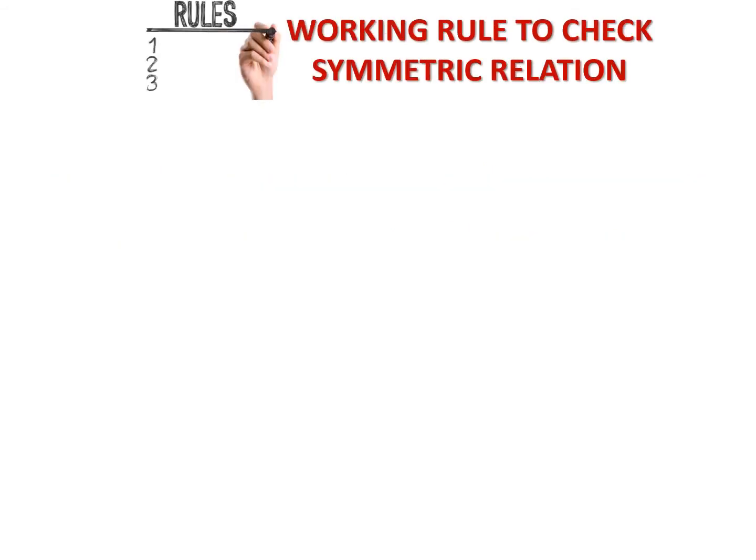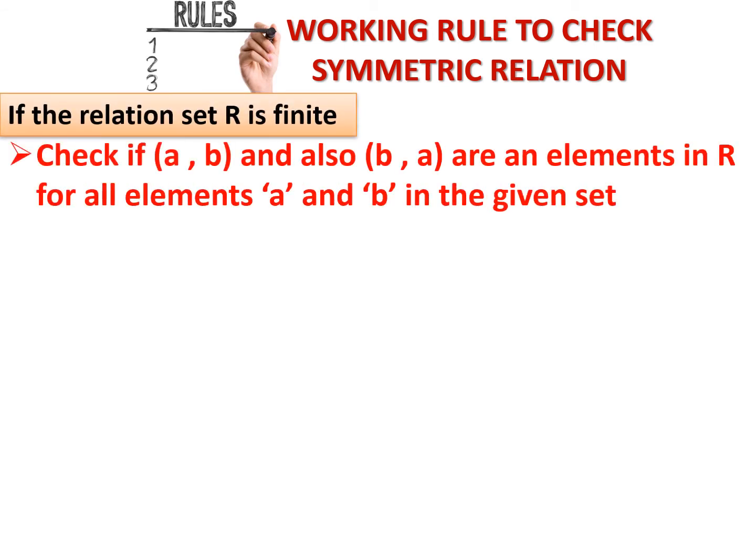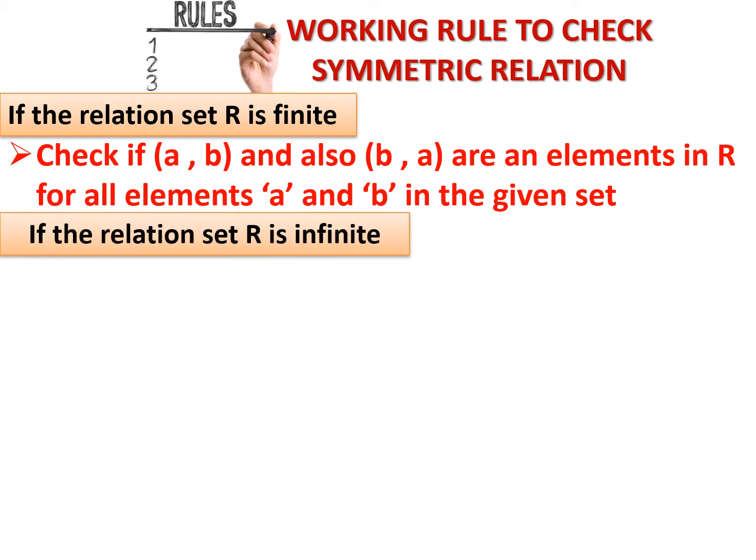Well, the working rule. Let us see the working rule. As usual, let us see for a finite set what you have to do. Check whether A comma B is there, then B comma A is also there. For example, if you see 1 comma 2, you search whether 2 comma 1 is also there in the set. Suppose you see 3 comma 2, check for 2 comma 3. Suppose you see 4 comma 6, check whether 6 comma 4 is there. Very simple. Now let us go for infinite sets.